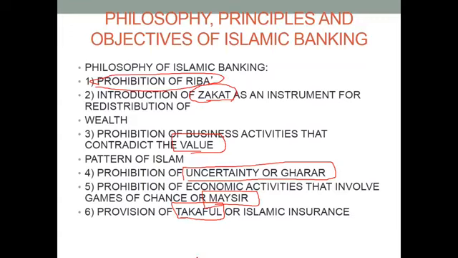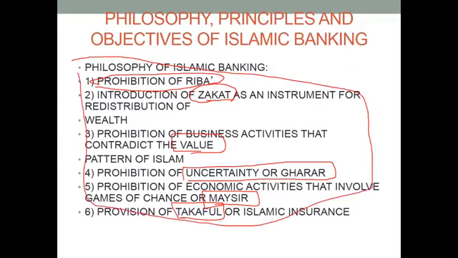Takaful is based on ta'awun, which is the principle of helping one another, and takaful is promoted in Islamic banking and Islamic economics. All right, now you understand, these are the philosophies of Islamic banking.